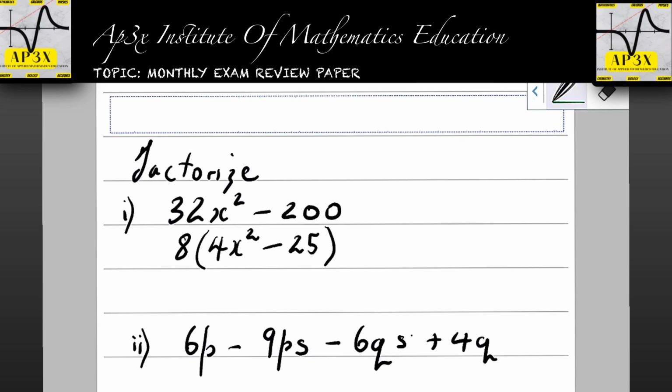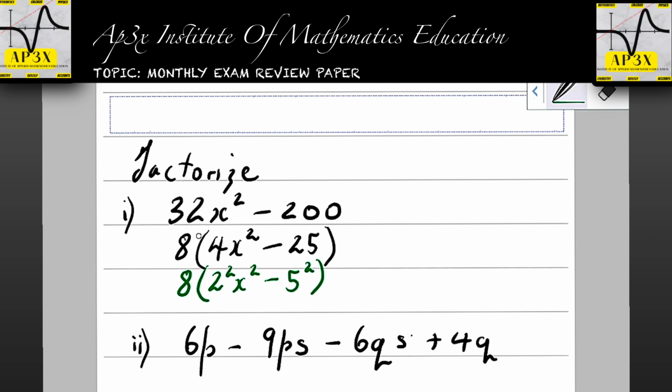These numbers are very special, and usually when you find any combination of those numbers from 1 to 25, it tends to form what is known as a difference of two squares. So what you're looking at here is the 8 on the outside, and notice that 4 is actually 2 squared, and x is also squared. And then you'll recognize that 25 is a special number that is also 5 squared.